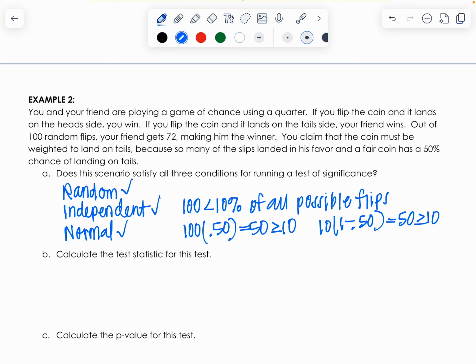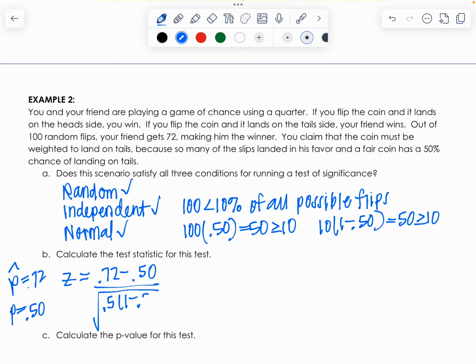Now the test statistic is going to say that z equals our sample percent, so p hat is 72%, 0.72, where p, our claimed percent, is 0.50. So 0.72 minus 0.50 over the square root of 0.5 times 1 minus 0.5 over 100.